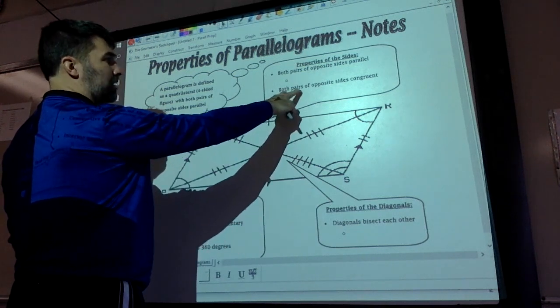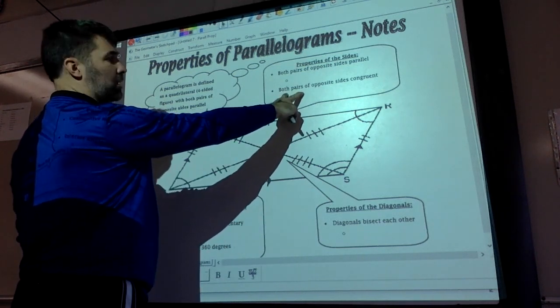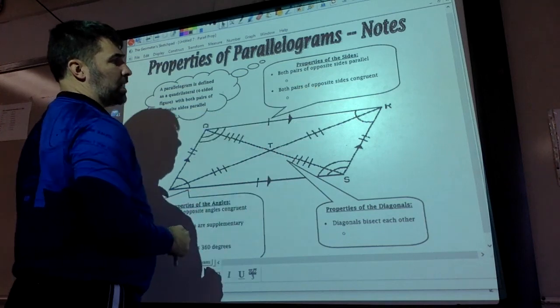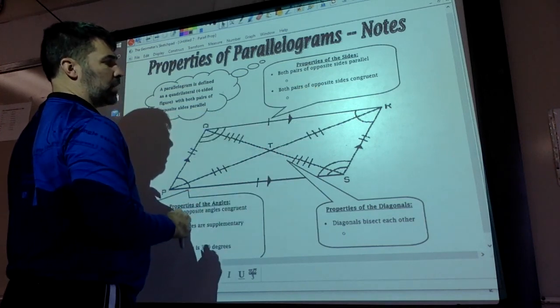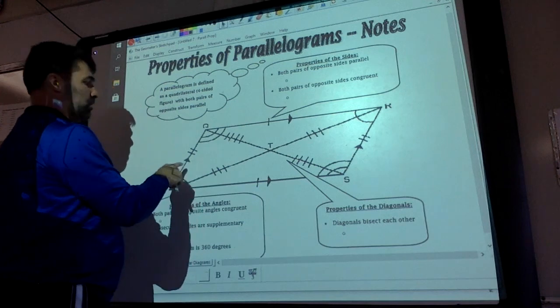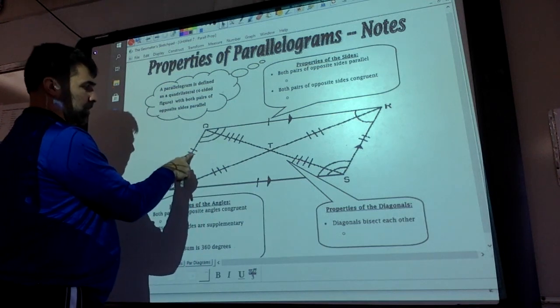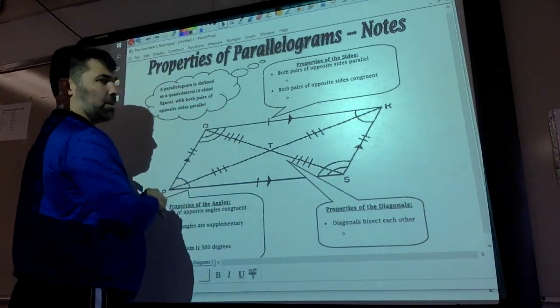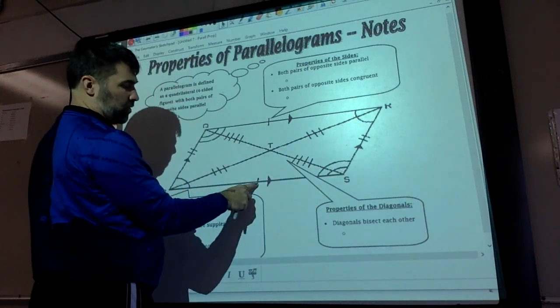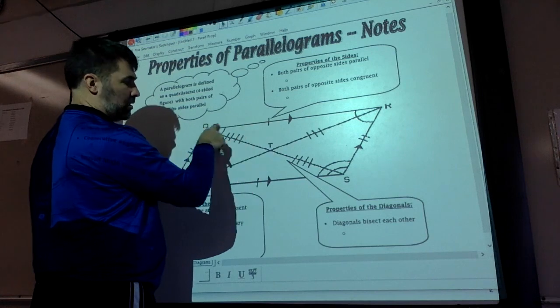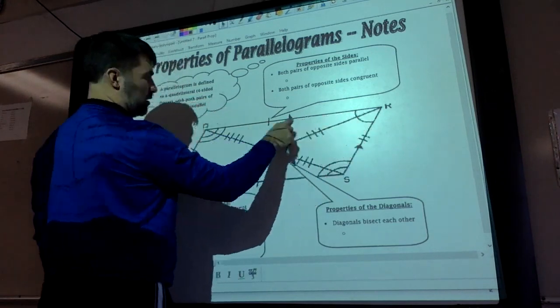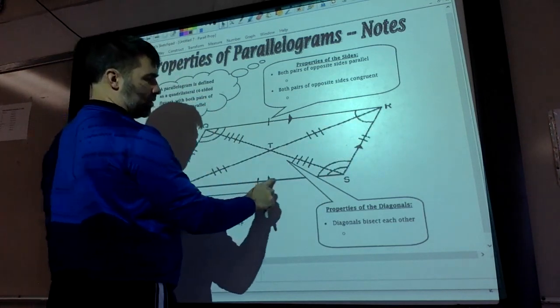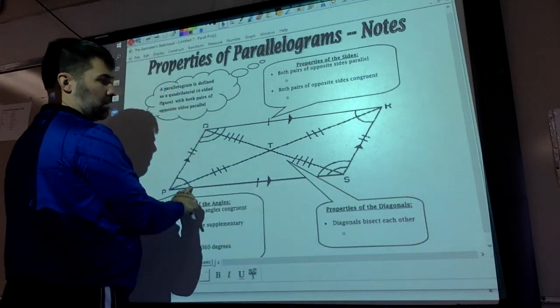Okay, and then the second property dealing with sides of a parallelogram: both pairs of opposite sides are congruent. Okay, so you have them parallel and congruent. So these 2 marks and these 2 marks tell you that these 2 are the same. They are congruent. Along with this 1 mark and this 1 mark, talking about this part of the parallelogram is also congruent and parallel to that side.